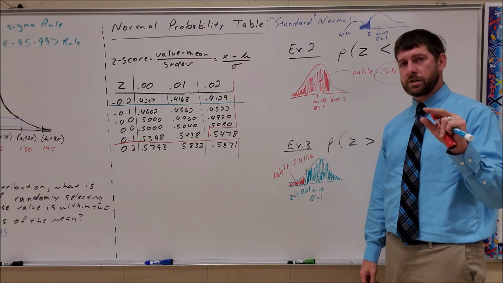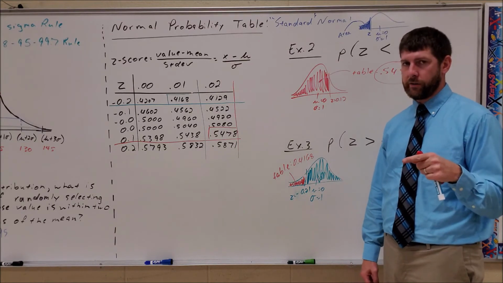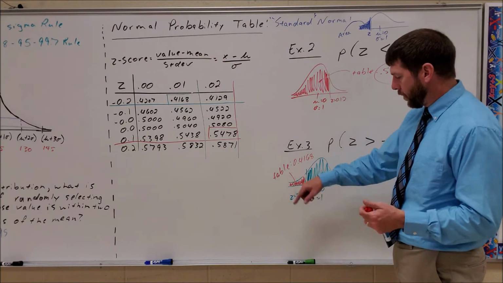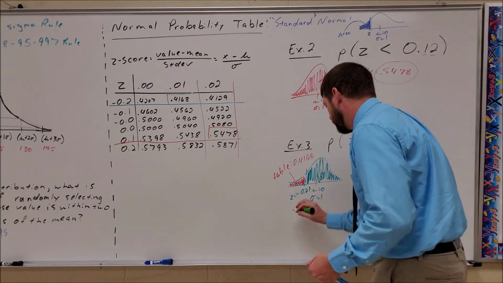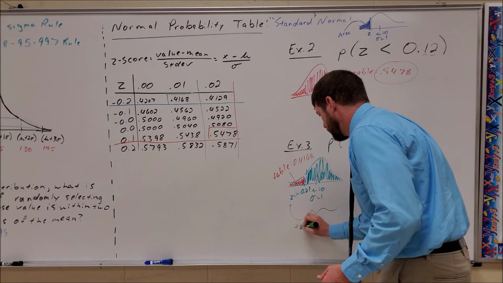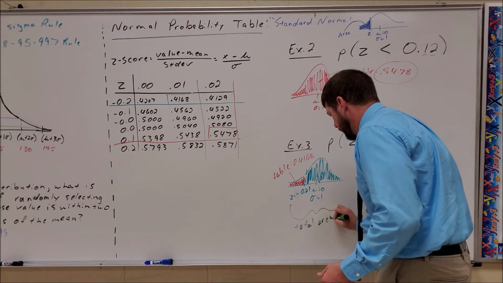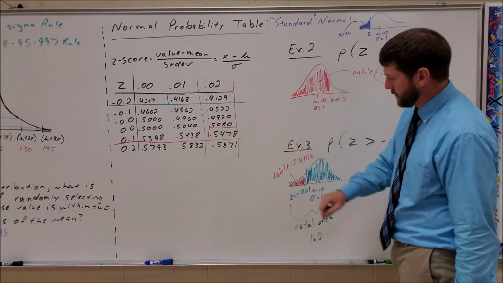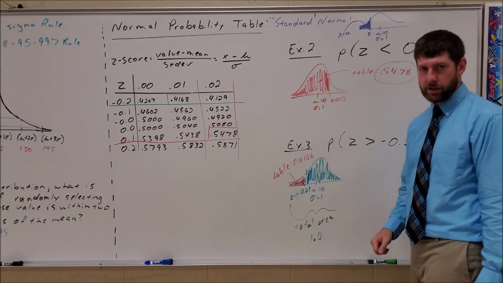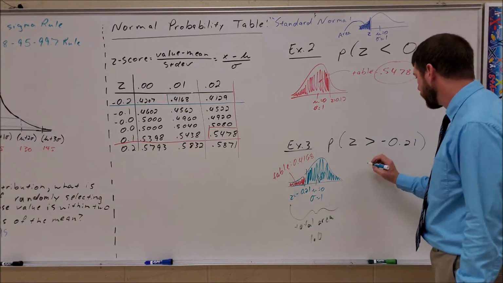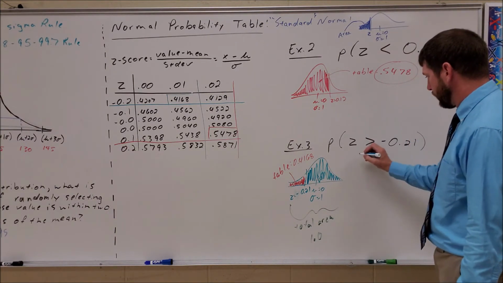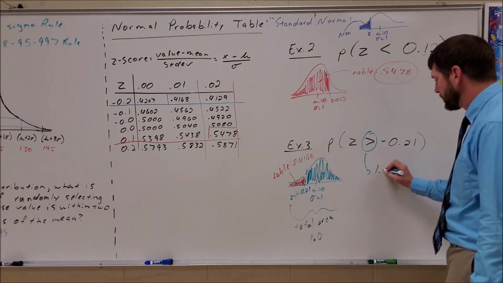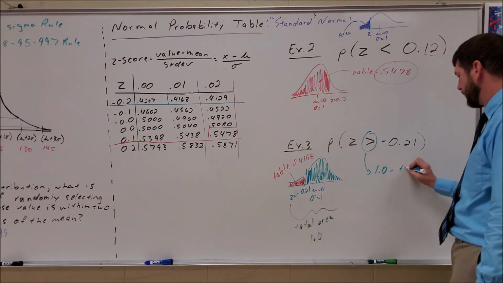Characteristic 2 for population density curve, the entire area under the curve has to be 1 or 1.0. So if the whole thing has a total area of 1.0, well, the left side is 0.4168. How can I get the right side? That's right, we just subtract. So to get this answer right here, because it's a greater than situation, I'm going to do 1.0 minus whatever's in the table.